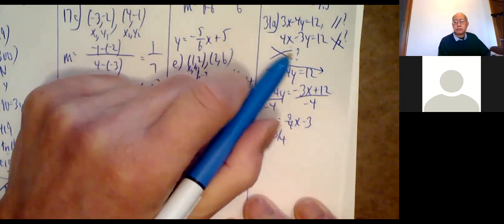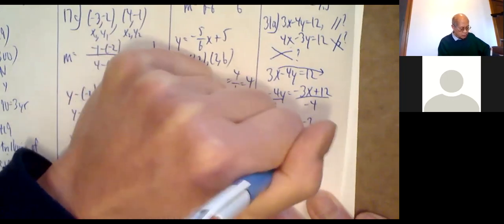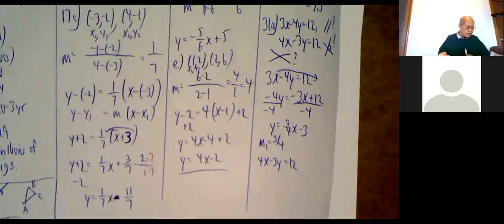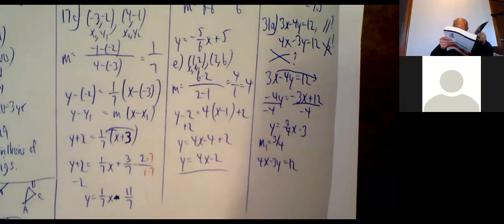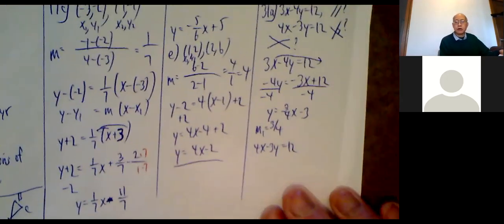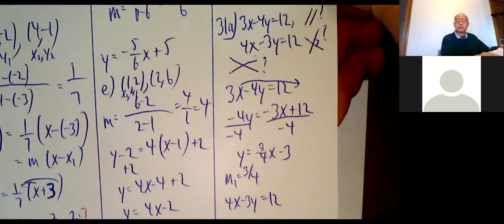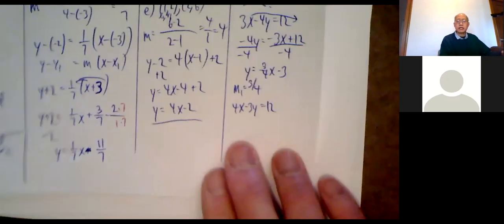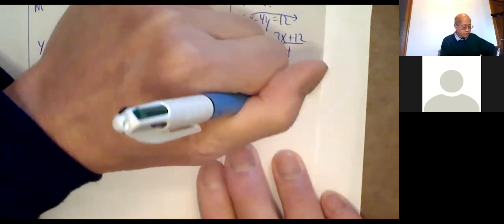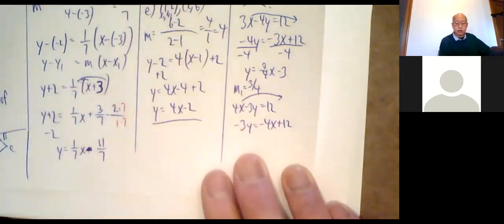Okay, so now I find m2. What's the slope of this one? 4x minus 3y equals 12. Did I write that right? Yeah, that's right. Same thing. Solve for y. Now let me raise it up again for focusing purposes. Isolate the y, so move the 4x over. Subtract it. Negative 3y equals negative 4x plus 12.